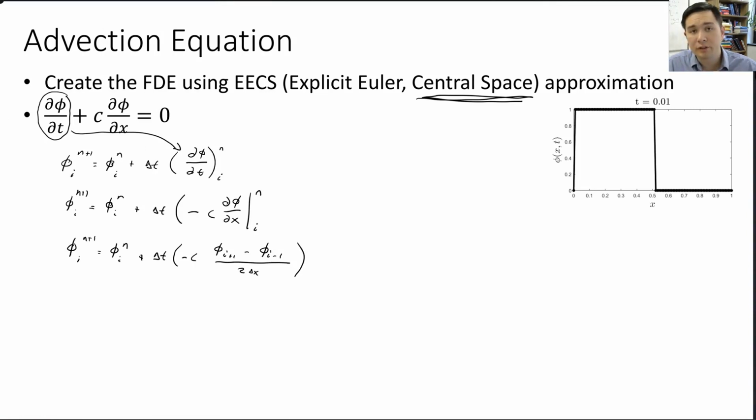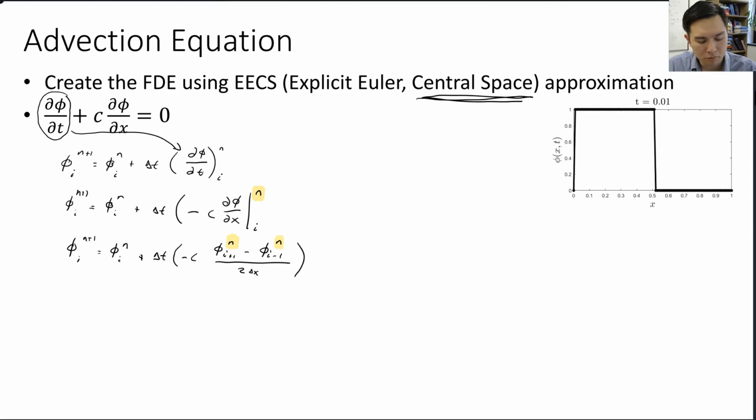And for both of these, we're going to evaluate them at time index n. So that allows us to match our time index here and here. So notice, as we're taking the spatial derivative, we're holding our time index constant.